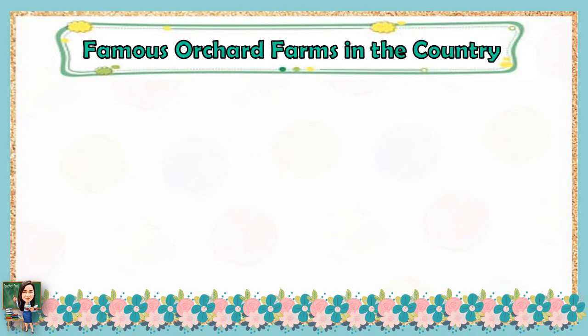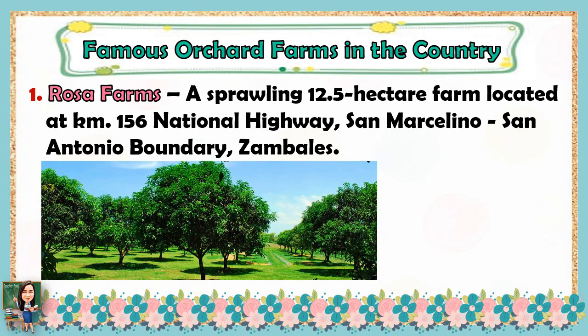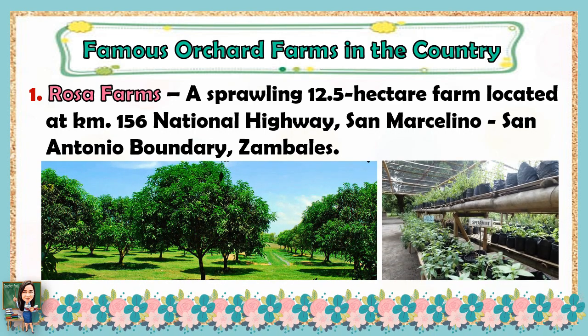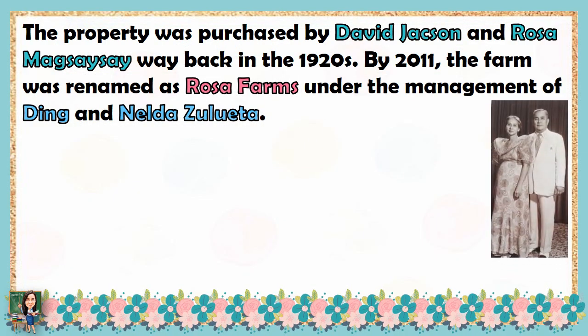Here are famous orchard farms in the country. The first one is Rosa Farms, a sprawling 12.5 hectare farm located at kilometer 156 National Highway, San Marcelino and San Antonio boundary, Zambales. The property was purchased by David Jackson and Rosa Magsaysay way back in the 1920s.